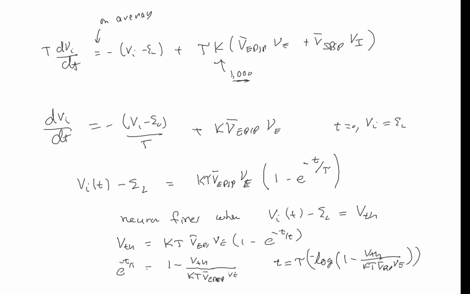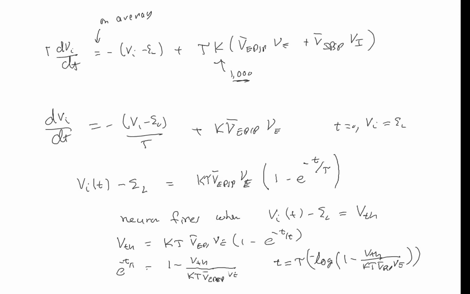Okay, which means firing rate nu is 1 over this. I'll go to the next page. So nu, the actual firing rate of our postsynaptic neuron, is 1 over tau over minus log 1 minus, let's go back. Let me get this right.